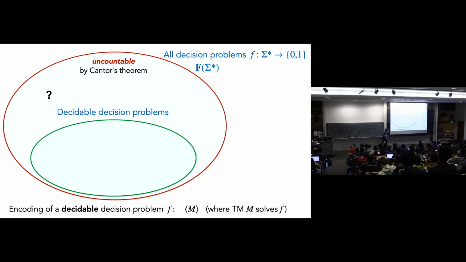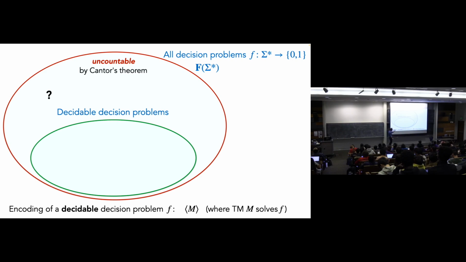On the other hand, if we look at decidable decision problems and ask, is the set of decidable decision problems countable or not? To understand this intuitively, you think about encodability. Countability is equivalent to encodability. Is a decidable decision problem encodable? And as we saw last time, yes. As an encoding of a decidable decision problem F, you can take the encoding of a Turing machine that solves that decision problem.